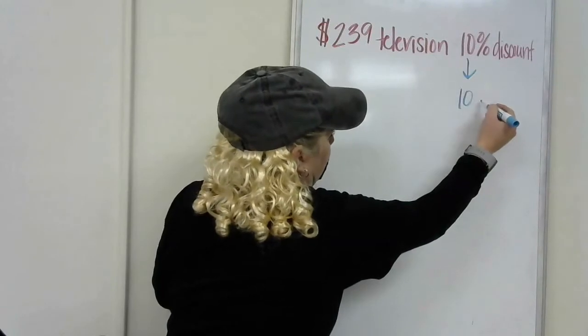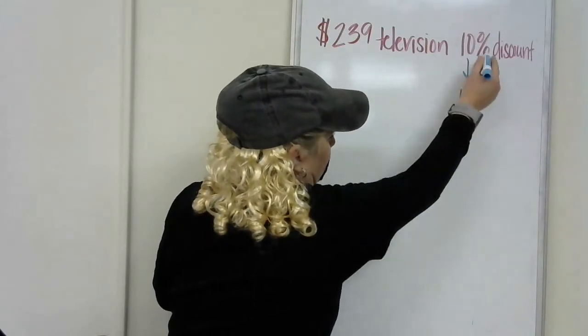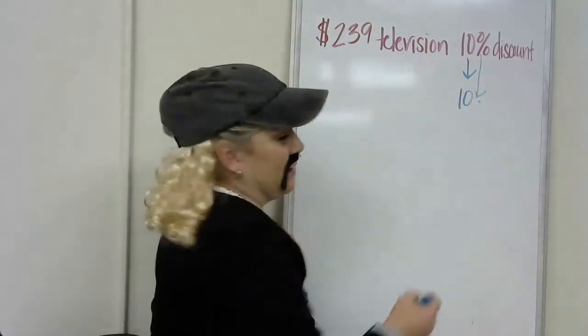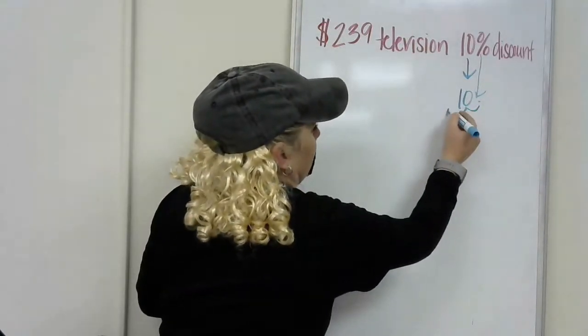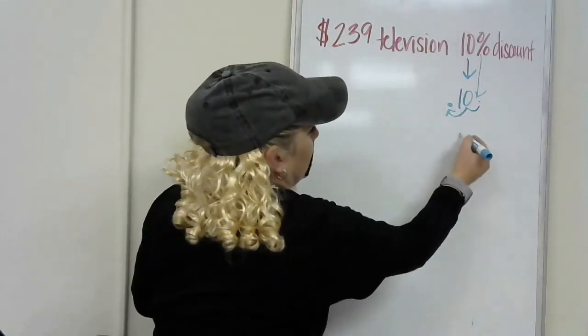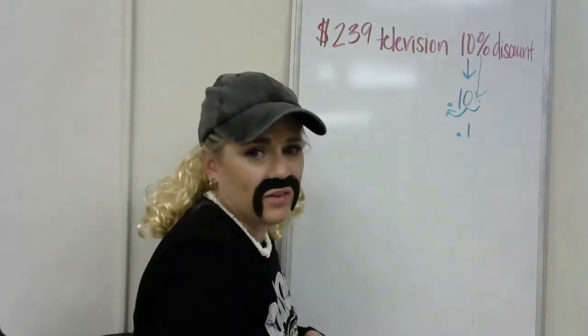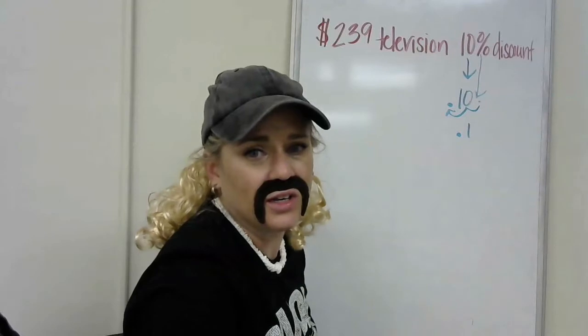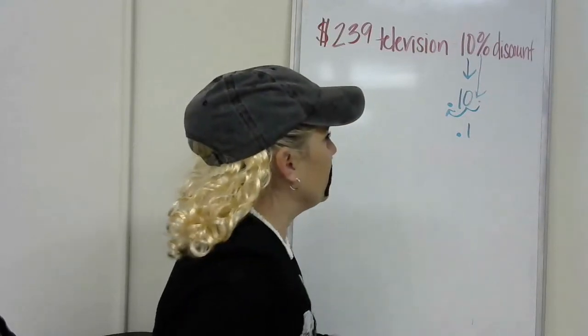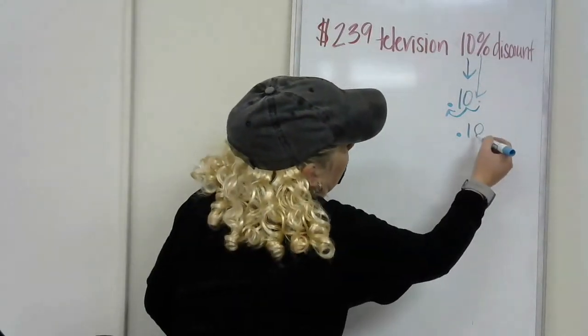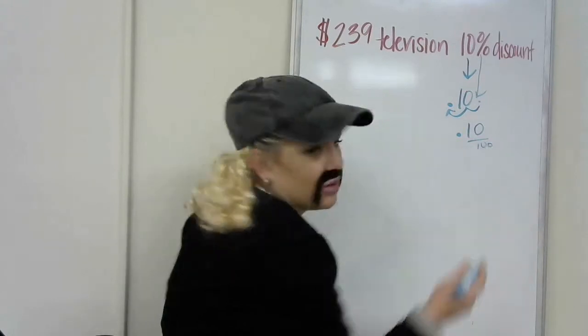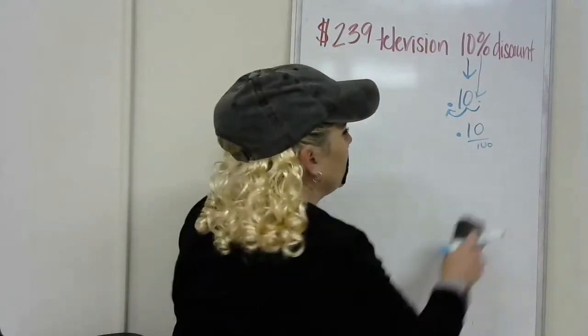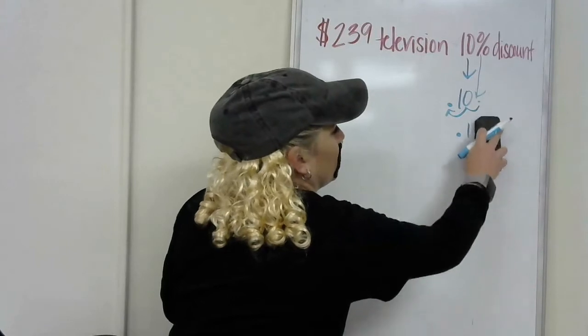So 10%, remember we drop the percent, make it a decimal, move it 2 places. So you've got 1/10. You could also look at it like 10 over 100. Same thing, but it's easier to multiply by just 0.1, okay?